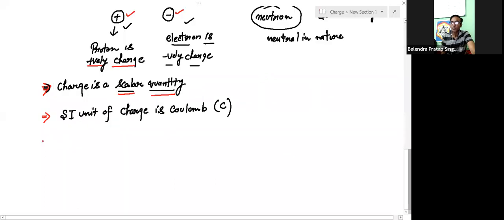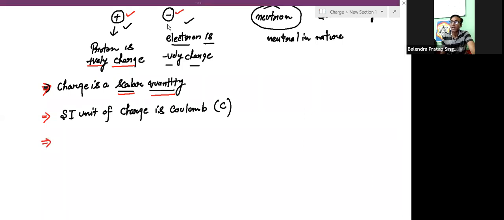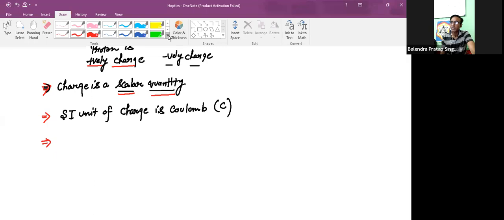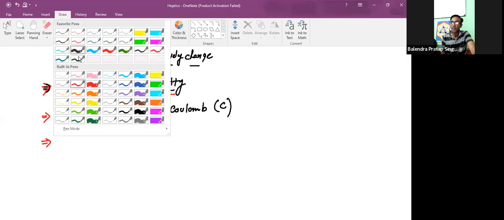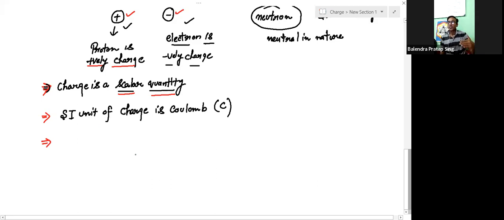Next important point is the fundamental value, the very basic value of charge, meaning a minimum amount of charge exists. That charge we consider as the charge on an electron. The charge on an electron is 1.6 times 10 raised to the power minus 19 Coulomb, and a similar charge exists for a proton, 1.6 times 10 raised to the power minus 19.